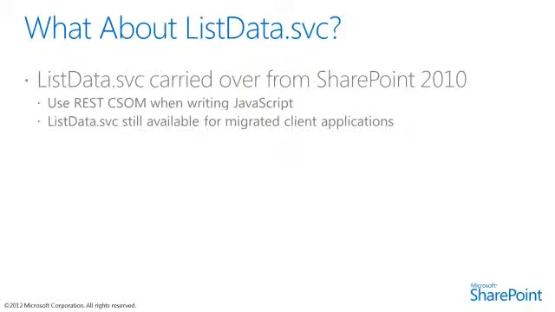The ListData.svc web service is available in SharePoint 2013. However, you should understand that it is mainly provided for backwards compatibility for older clients that are migrating to SharePoint 2013. When creating new projects for SharePoint 2013 and later, you should not be using ListData.svc. Instead, you should be using the newer remote APIs with OData support that are discussed later in this module.